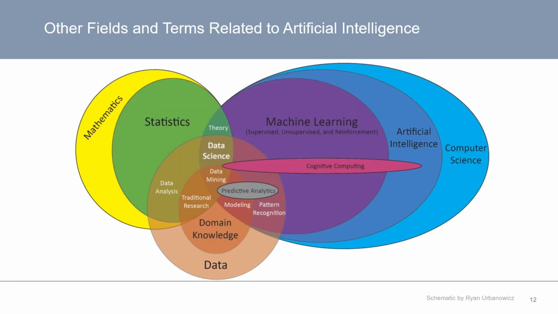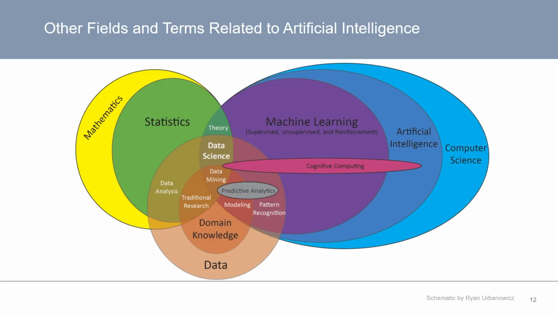In this Venn diagram, we can see how other fields and terms relate to artificial intelligence. For example, while artificial intelligence is primarily founded in the field of computer science, statistics is primarily founded in the field of mathematics. At the intersection of the two is the field of data science and data mining.